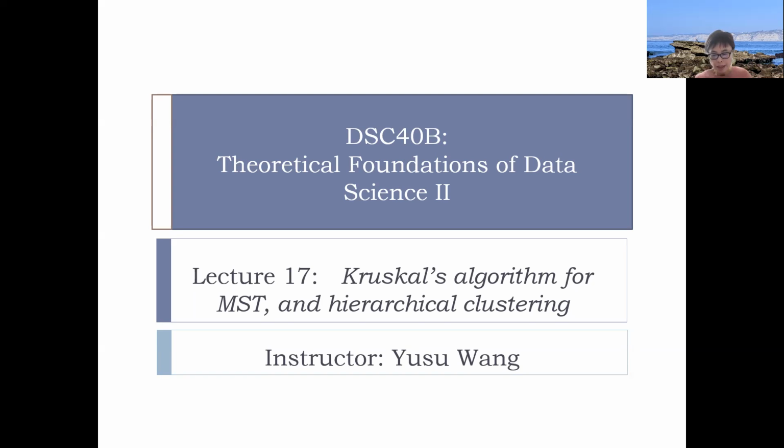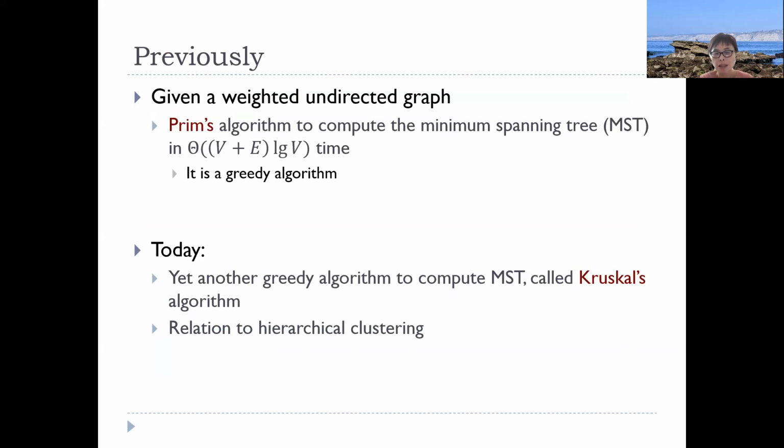Okay. All right. So today we want to continue to talk about the minimal spanning tree. In particular, remember we're now talking about a weighted but undirected graph. Last time we talked about what a spanning tree of this graph is, and the spanning tree with the smallest total weight is called the minimum spanning tree.